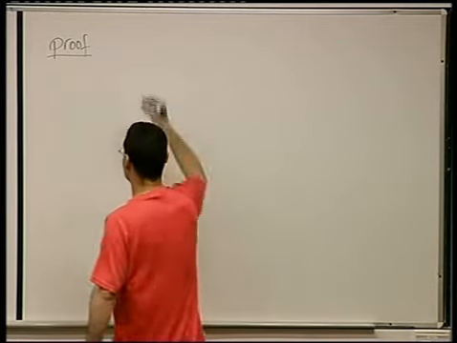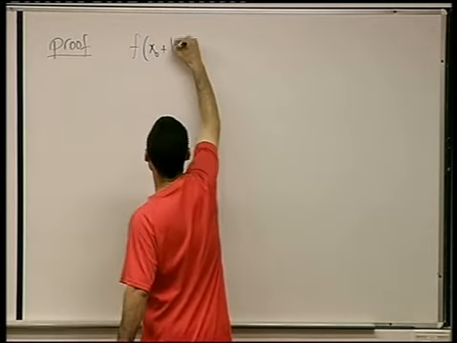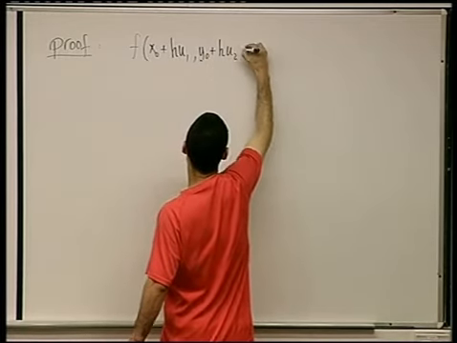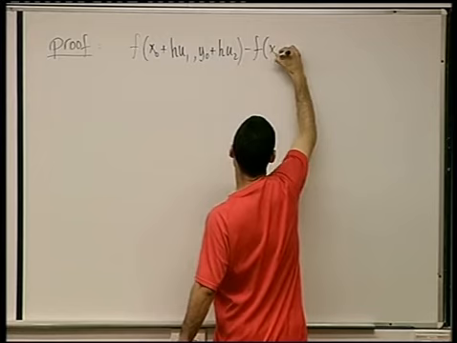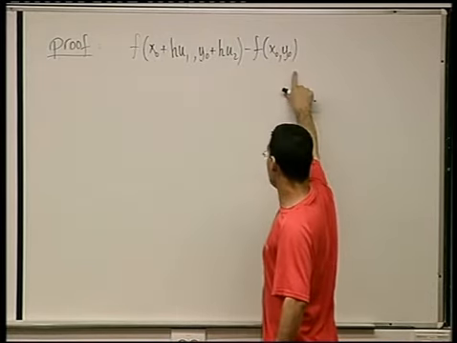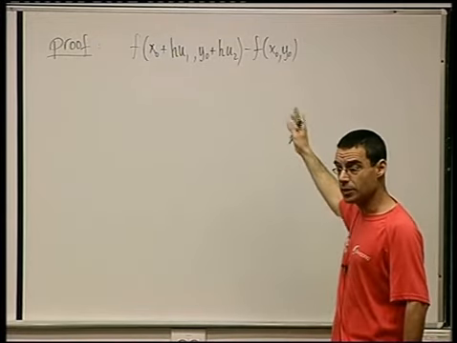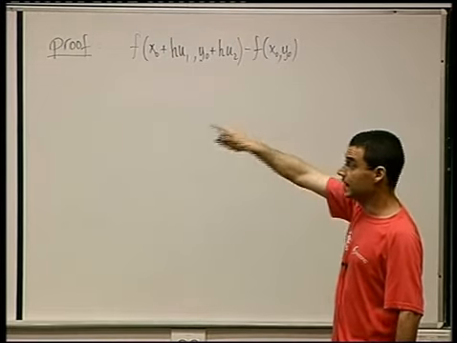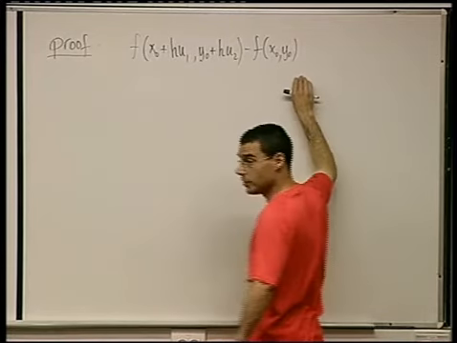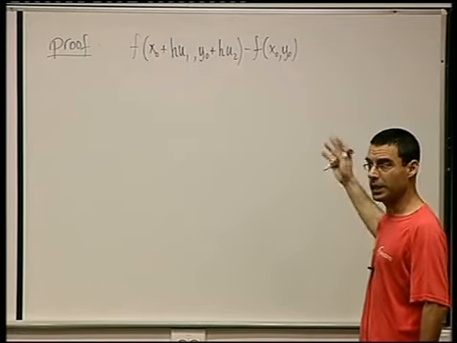Okay, so f at x0 plus hu1, y0 plus hu2, minus f at x0, y0. What we want to show is the limit of this thing divided by h as h goes to 0. That's the definition of df to du, right? Look at that board over there. The limit of this thing divided by h as h goes to 0 is precisely what df to du is by definition. Okay, we want to calculate it.